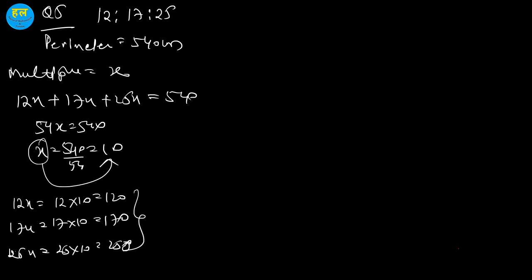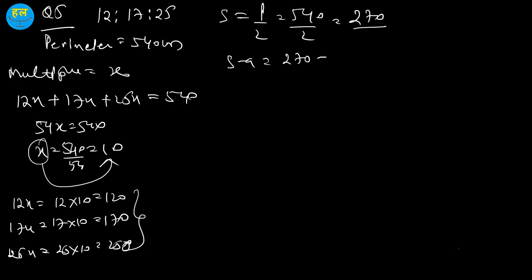When we get the sides of the triangle, we find S. S is perimeter by 2. 540 divided by 2 is 270. So S minus A is 270 minus 120. S minus B is 270 minus 170.